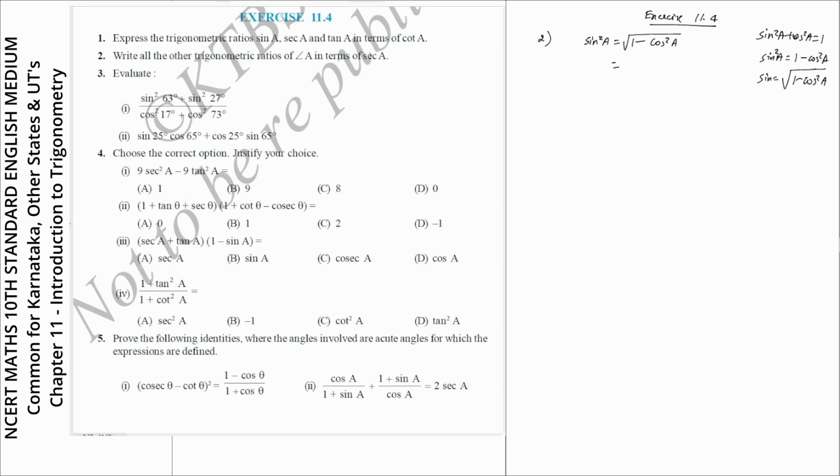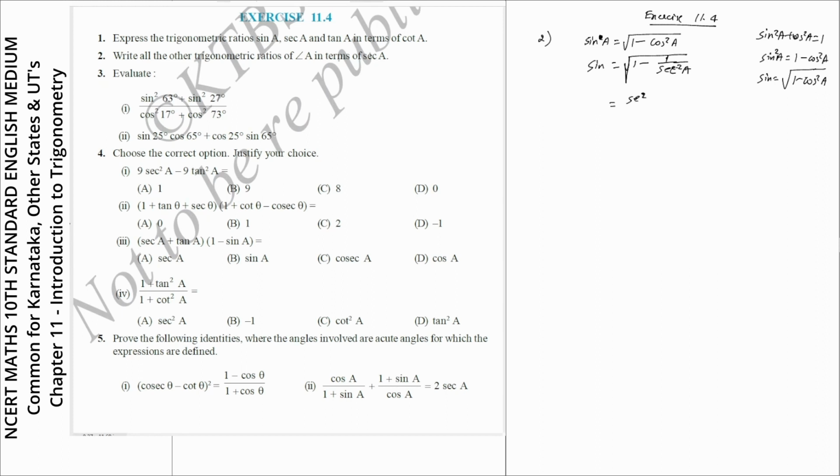So now what is cos? Cos is 1 by secant. So this is equal to 1 minus 1 by secant square A I will get. So sin A is equal to square root of 1 minus 1 by secant square A. Or you can further simplify. You can take the LCM now.